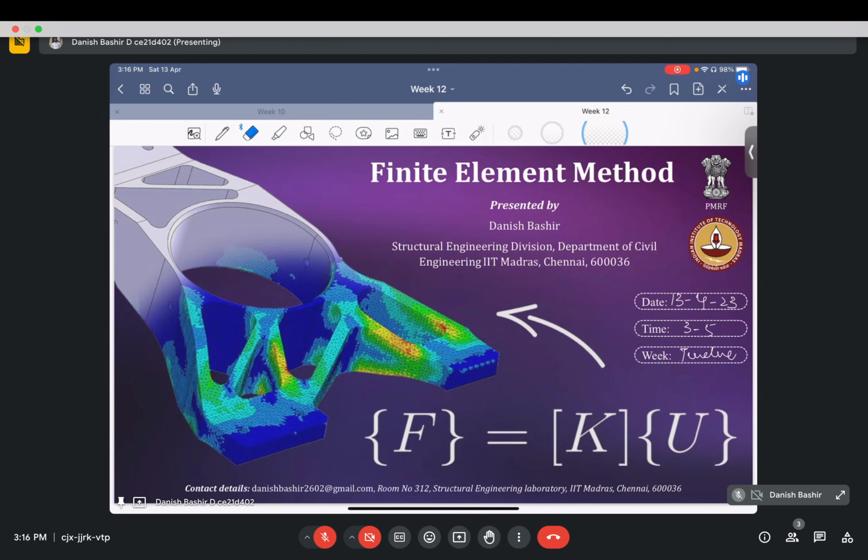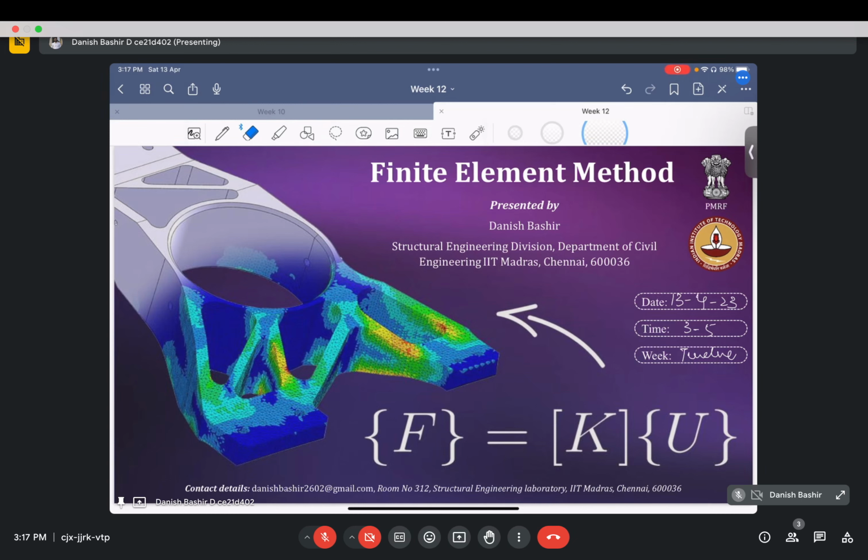But if we continuously go on increasing the number of elements, you people already saw that the stiffness matrix goes on to become larger and larger, so that it eventually increases our computational cost.